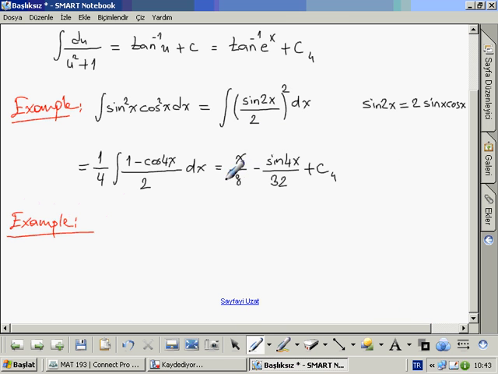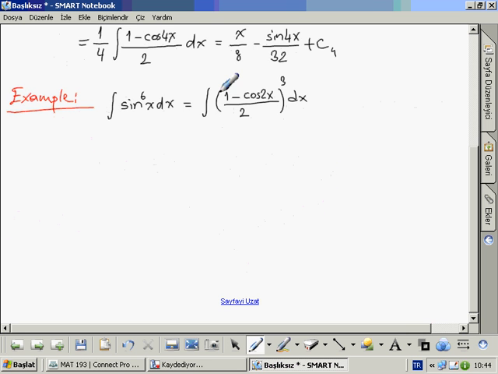Example again: the integral of sine to the 6th power of x dx. And what will we do? Firstly, you must write it in terms of cosine 2x. We know that it equals the integral of ((1 minus cosine 2x) over 2) cubed dx.